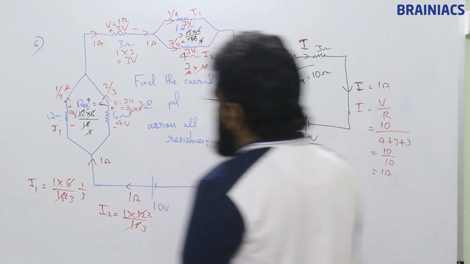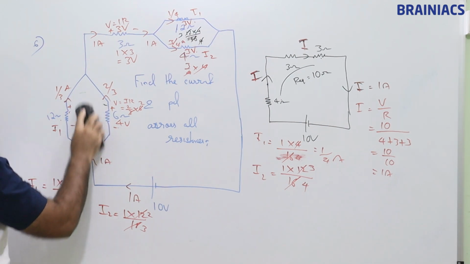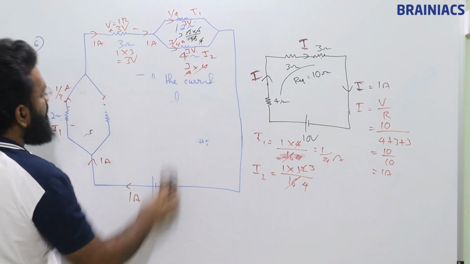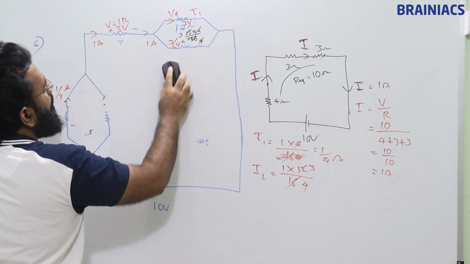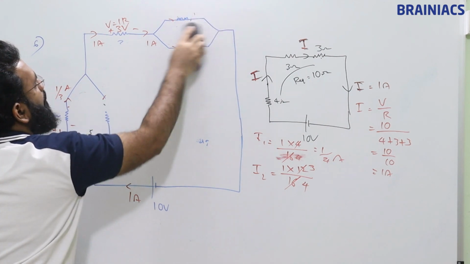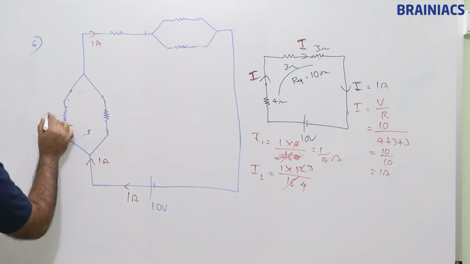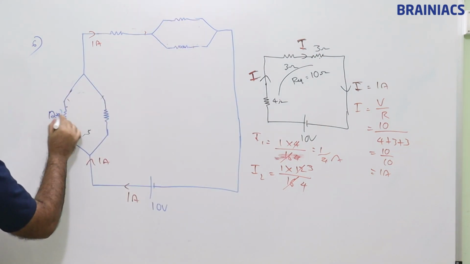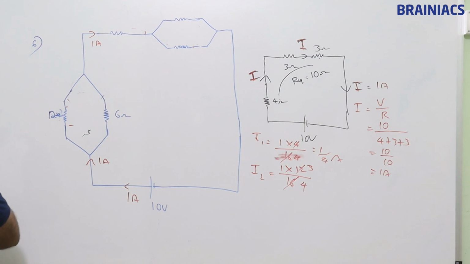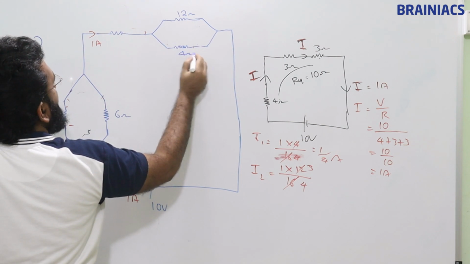Ratio method also we will see here. So this was 12 ohm, this was 6 ohm, and this is 12 ohm, this is 4 ohm.